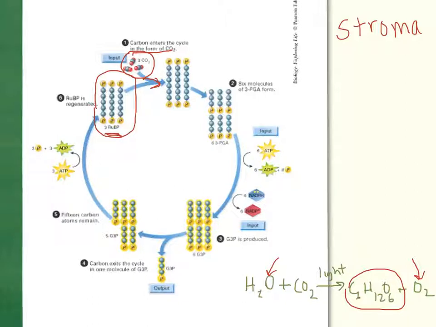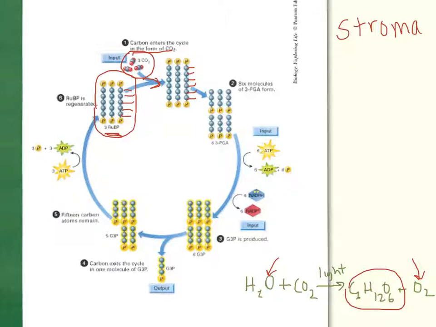You don't need to know that, but that's what RuBP stands for. If you look at RuBP, you notice that there's 1, 2, 3, 4, 5 carbons in each RuBP. Each RuBP is going to take one of those carbons from the carbon dioxide. So when those two combine, we end up with 6-carbon molecules, 3 of them.